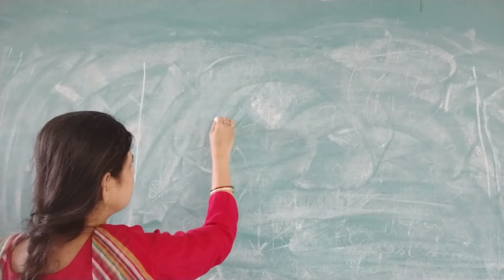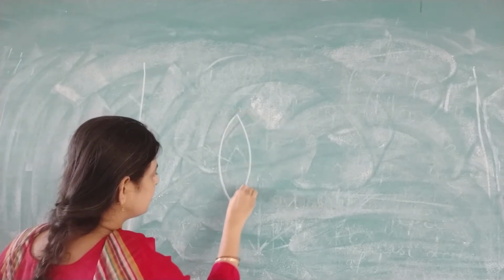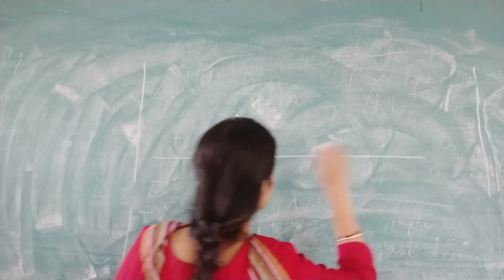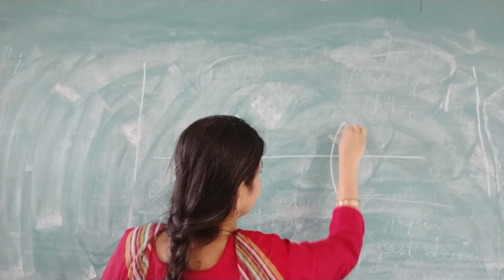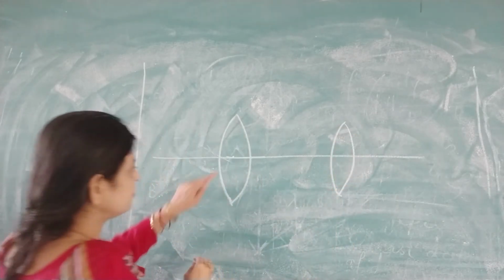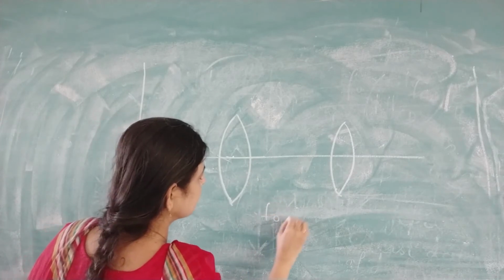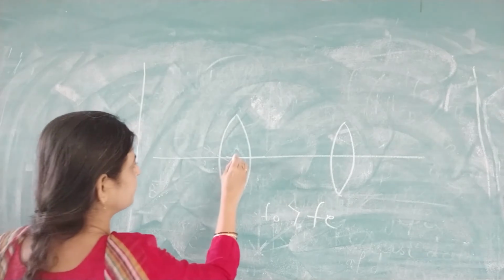Same astronomical telescope, means two lenses, objective and eyepiece, and they are placed coaxially. This is your objective, which means the focal length of the objective is greater than the focal length of the eyepiece.